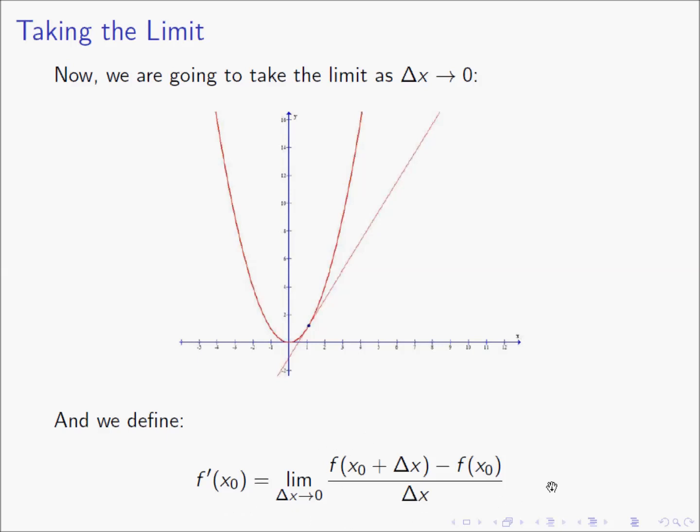This is the limit of the slopes of the secant lines when delta x approaches 0, and this equals the slope of the tangent line at that point, and that's the derivative. This is how you should always think about the derivative: as the slope of the tangent line.